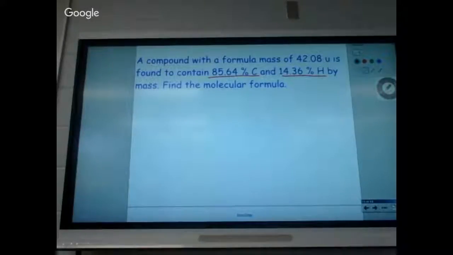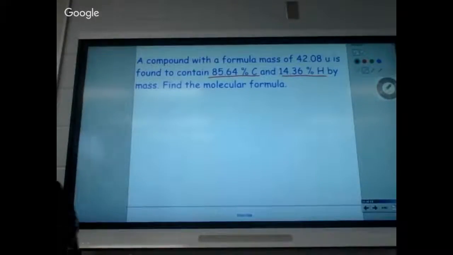Now, so when you look at this, did the formula get provided for you this time? No. Backwards. So you have to find the formula. So you're starting with empirical formula, which is not provided. So what did we start with at the beginning of class? We changed from percent to grams. All right.